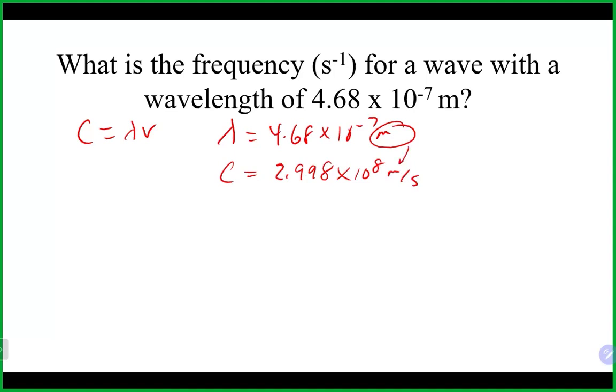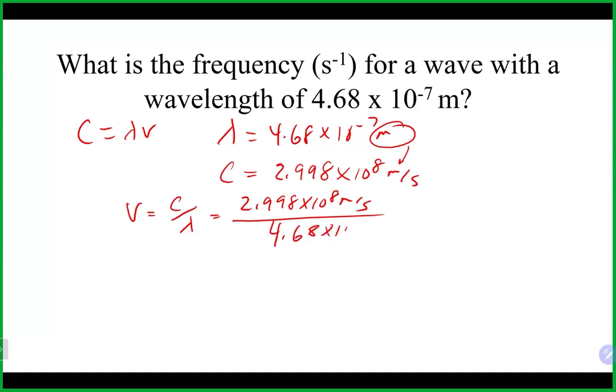So we'll go into this and solve for our frequency, which is our speed of light divided by our wavelength. So 2.998 times 10 to the 8 meters per second over 4.68 times 10 to the minus 7 meters. The meters cancel, and that's going to leave us reciprocal seconds left over.